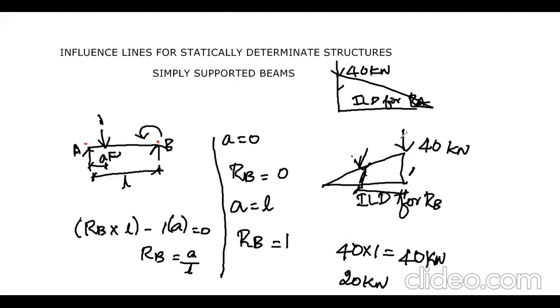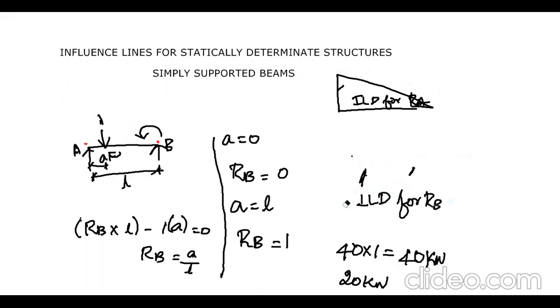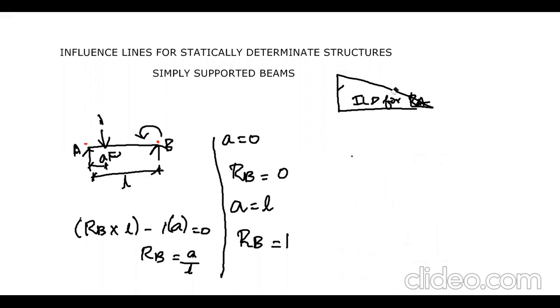Similarly, we are going to discuss the UDL. Suppose, imagine that a UDL is going to act over this beam. First, we should draw the influence line diagram for RB.